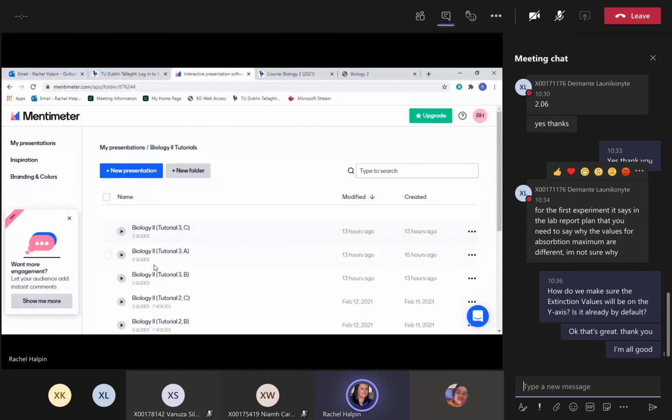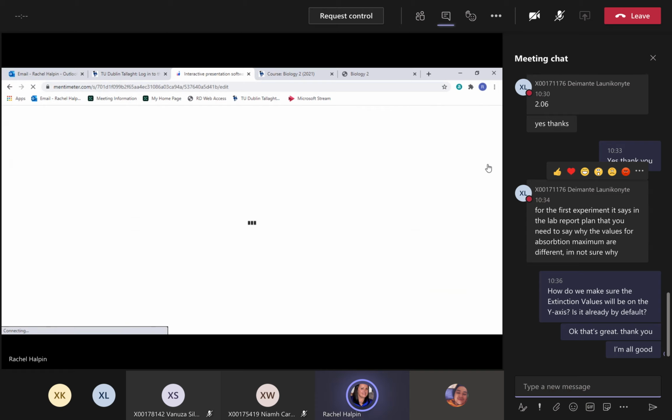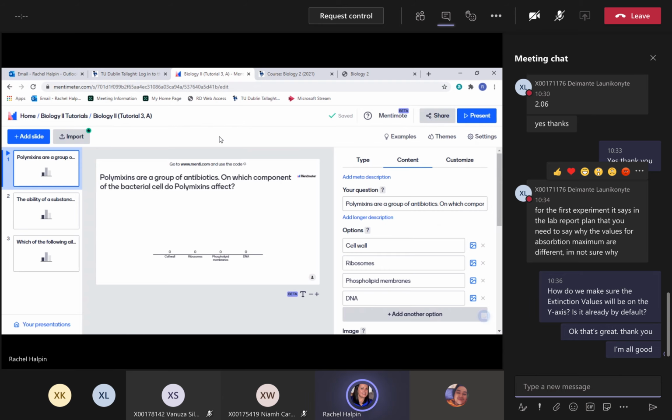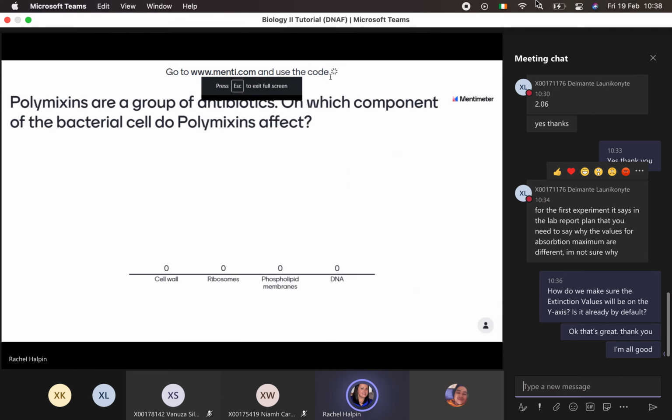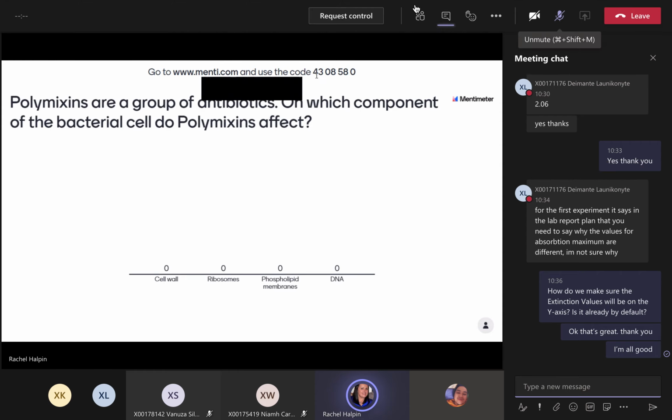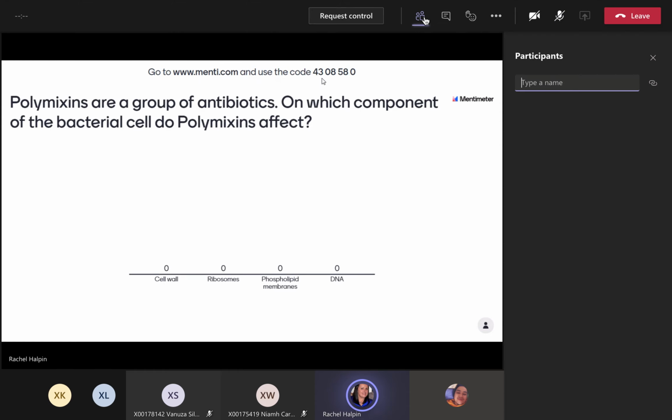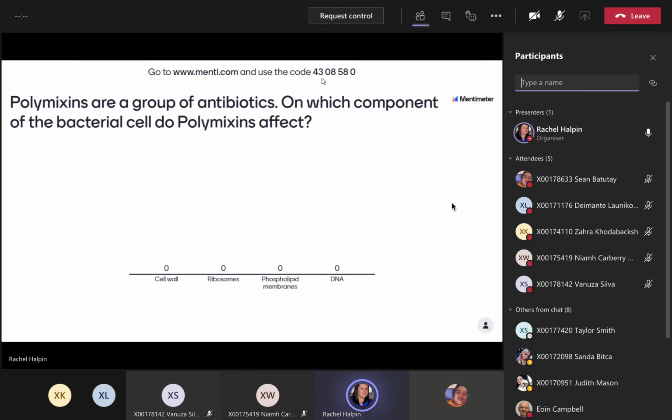These are just some questions on your lecture on antibiotics. If you go to menti.com and put in this code, 4308580, you all see that? So make your selection there.